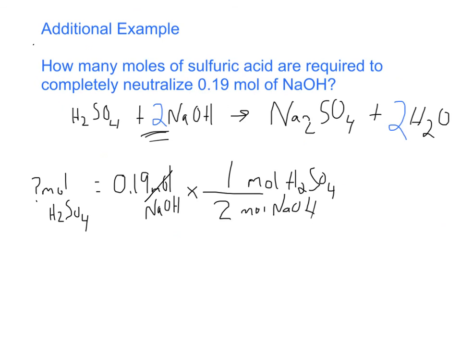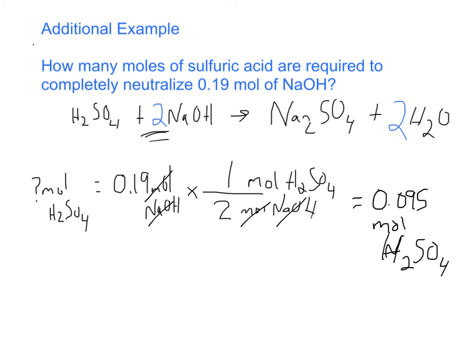So when we do the math, we have 0.19 divided by 2, and that equals 0.095 moles of H2SO4. That's how we neutralize that much NaOH, sodium hydroxide. We'll give lots more practice in class, but that's the basics of mole-to-mole stoichiometry conversions.